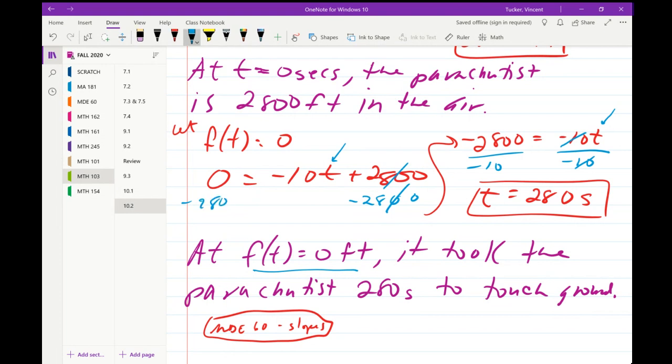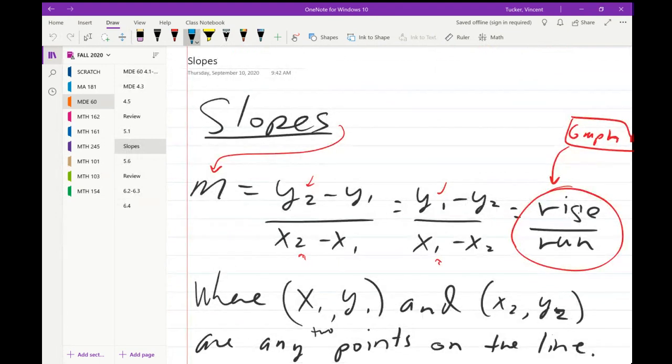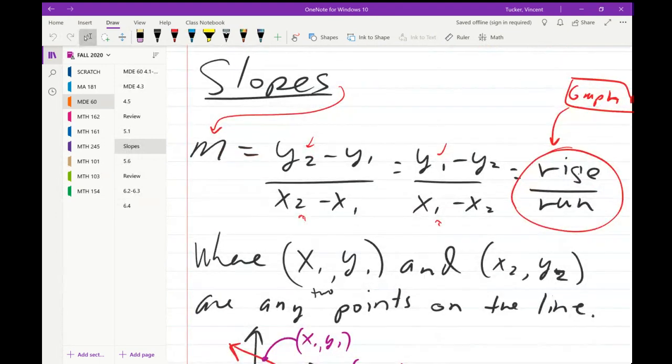All right, anything else before we go to the next part? All right, so the next part of this is your slopes.